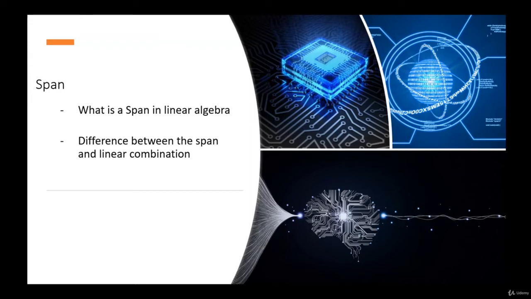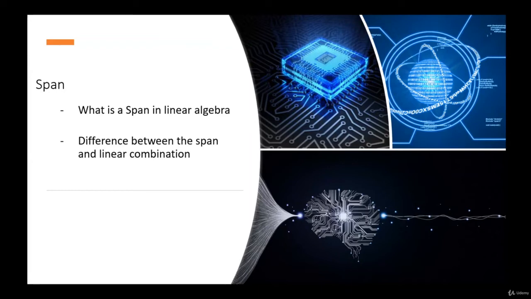This would mean that the span of vector 1 and vector 2 is the set of all vectors of the form a multiplied by vector 1 plus b multiplied by vector 2, for some scalars a and b.